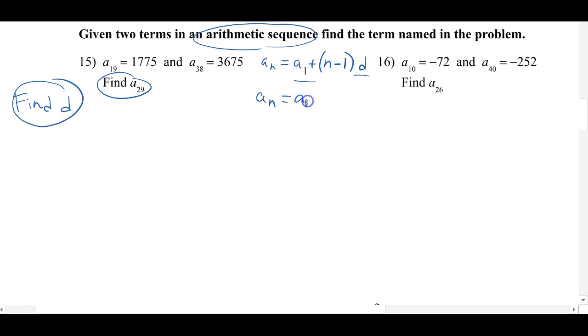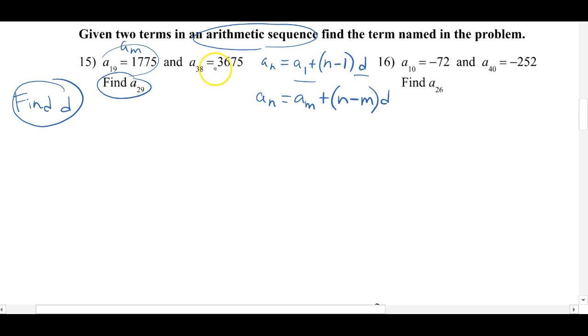Okay? So instead of a1, I'll say a sub m, and that's going to be our first term, a sub m. Okay? And now, this will still be n, but now I'm not going to subtract 1, because usually this is 1. If this is 1, I subtract 1. I'm going to actually subtract the m. Okay, whatever that number is. In this case, it's 19. And I'm still going to multiply by the difference.